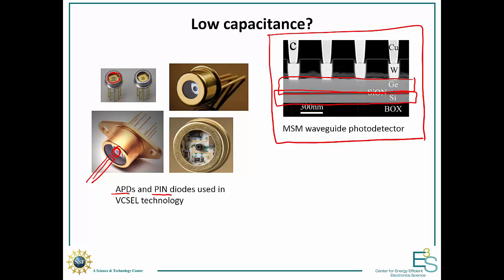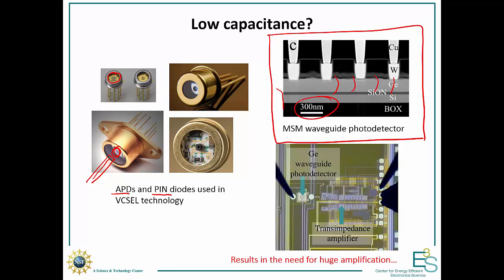This is the silicon photonics technology I was talking about earlier. Your light comes in on the silicon waveguide, couples up to the germanium, and is absorbed in the germanium. You can see the scale here, 300 nanometers, so obviously you couldn't see this with your naked eye. And the capacitance of these systems is much lower.